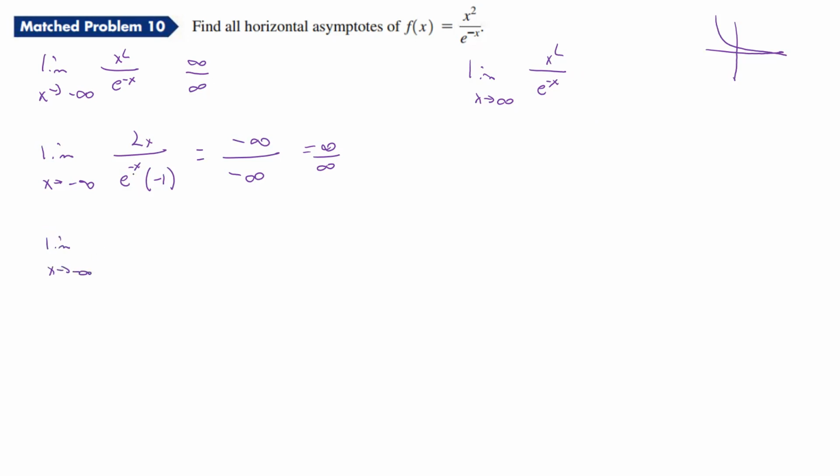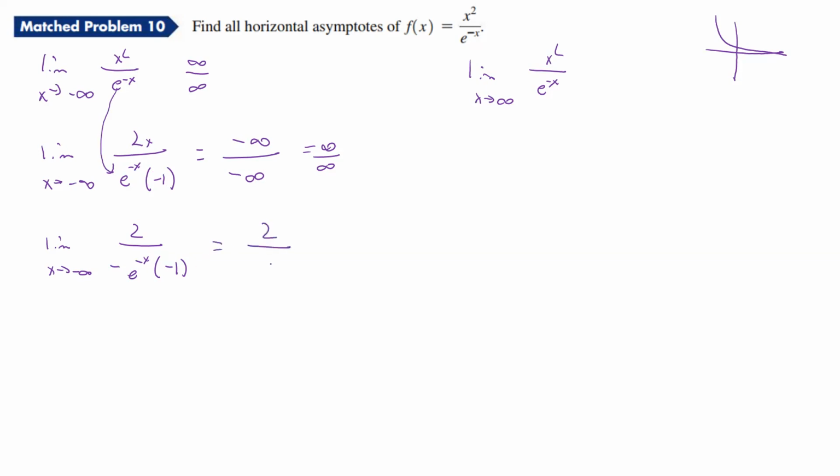All right, so now the derivative of 2x gives us 2. The derivative of the bottom is really just negative e to the negative x, times a negative 1 again. We still have the negative in front, so that becomes positive.